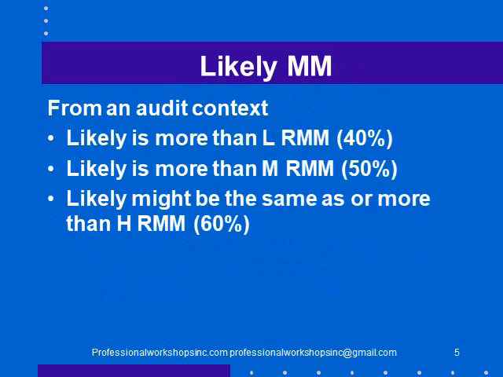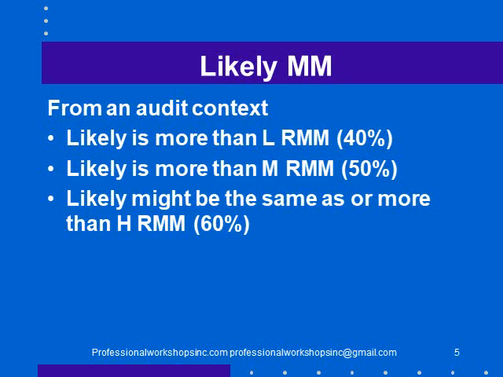Now, in an audit context, likely material misstatement versus risk of material misstatement: they started out when they drafted this section talking about risk of material misstatement, and they changed it to likely material misstatement because they intended to mean something different. Now, in an audit context, I would say likely is more than low risk of material misstatement. That's defined in audit literature as 40%.